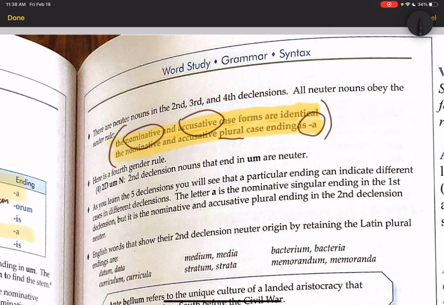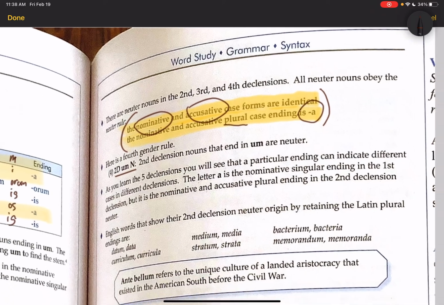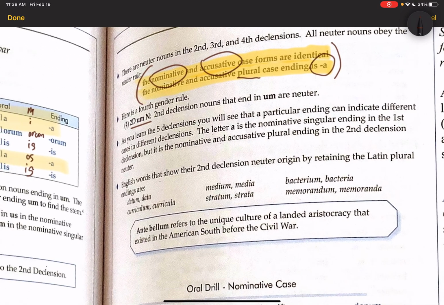Okay, here's the fourth gender rule to learn. It's 2D um. That means second declension nouns that end in um are neuter. As you learn the five declensions, you will see that a particular ending can indicate different cases in different declensions.